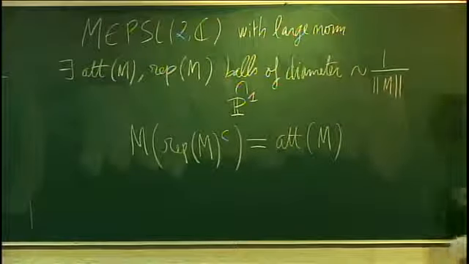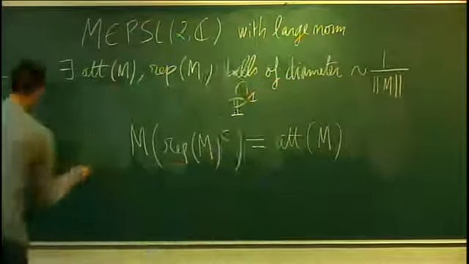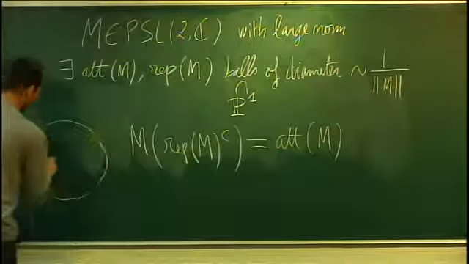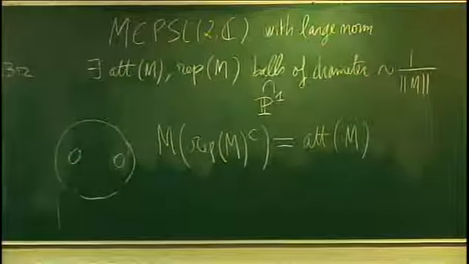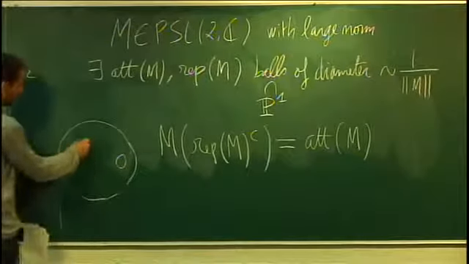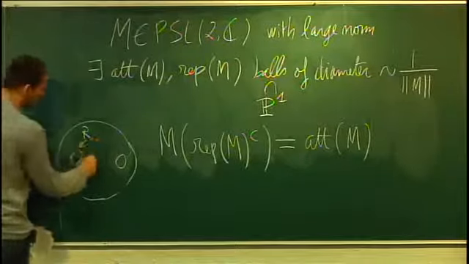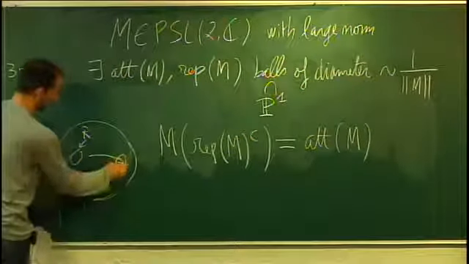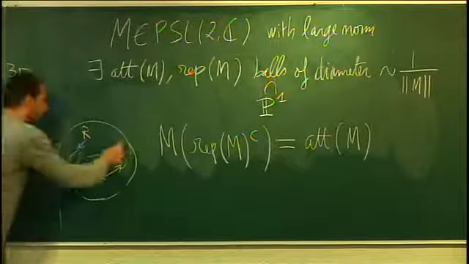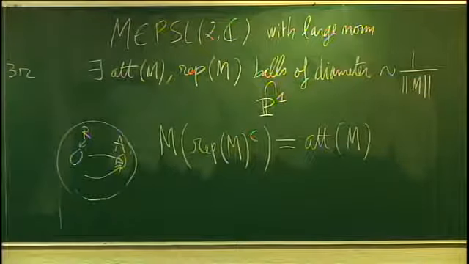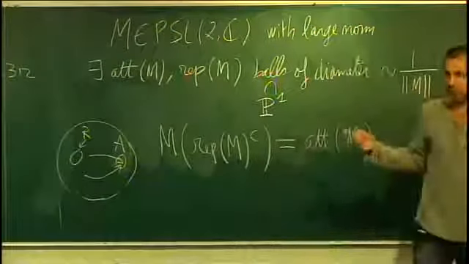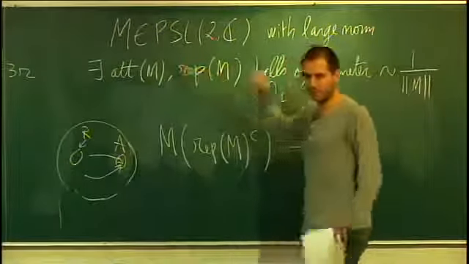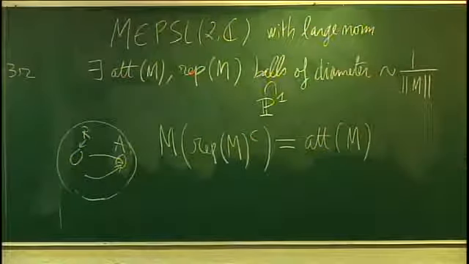So you have the sphere, and you have two balls, which are really small because the norm is large, and the exterior of the repelling one is mapped onto the attractive one. Of course, these balls are not well defined. You can move them a little bit, but they are well defined up to an error of 1 over the norm.